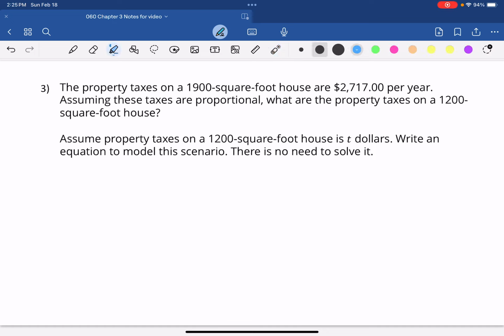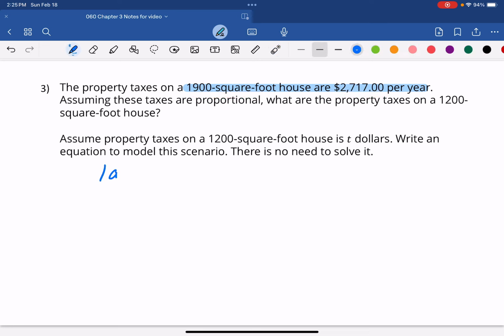So the first thing I do, it's already identified the variable for us. So the first thing I'll do is pull out my information for the proportions. I need to have two ratios in order to create my proportion. And the ratios compare things. So here, it's giving me information about the square footage of a house compared to how much property tax it's going to have.